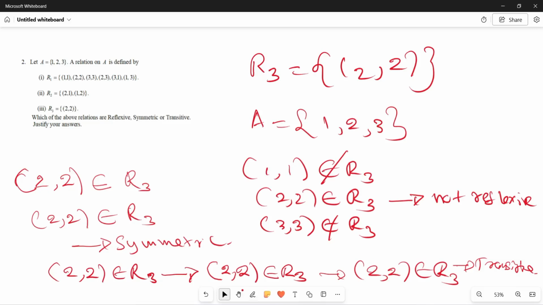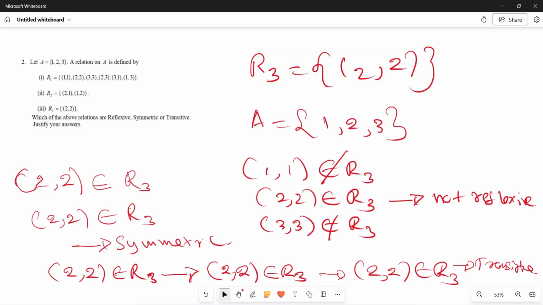Okay, so in the R3 relation, you can say it is not reflexive, as the set A has 3 elements and only one is given here, so it is not reflexive. But when you consider the symmetric, (2, 2) and (2, 2) in reversed order, you can say it is symmetric.